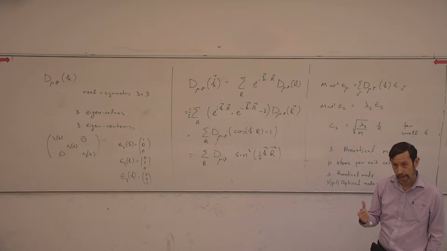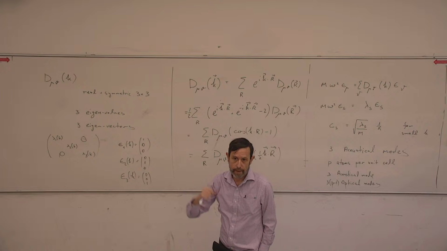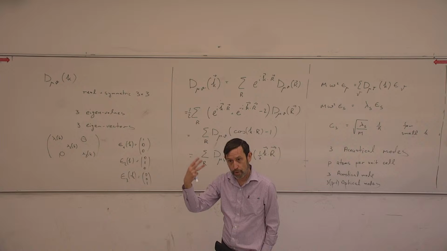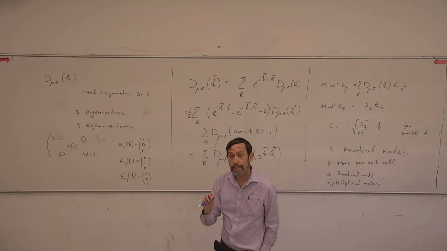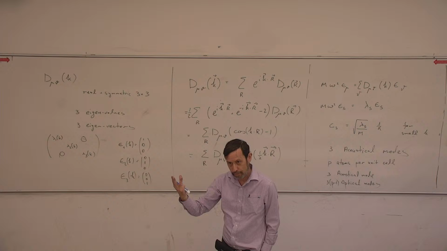I have the acoustical modes that can be as small as I want, but the optical mode starts with some finite value of h bar times omega. We know that at low temperatures, these modes don't contribute. So without knowing anything, I know that it can't be 3 times n atoms contributing to the heat capacity, because if we have 2 atoms per unit site, half of them don't contribute at low temperatures.